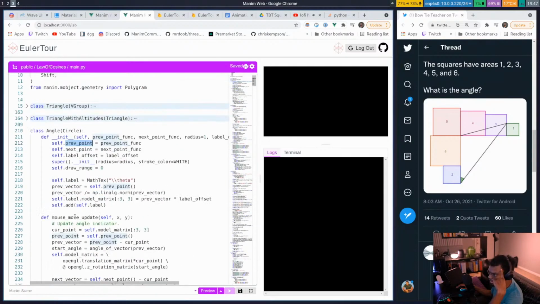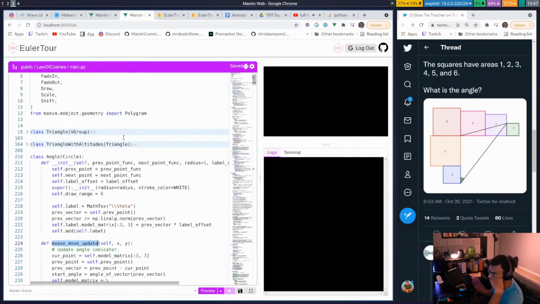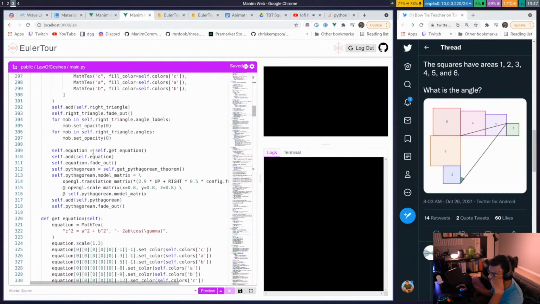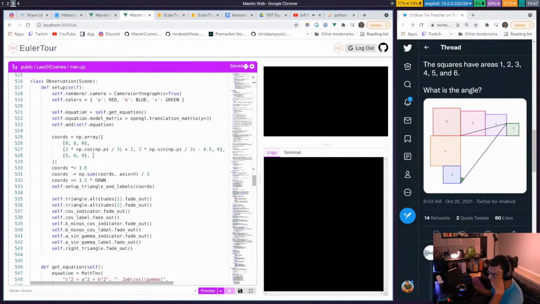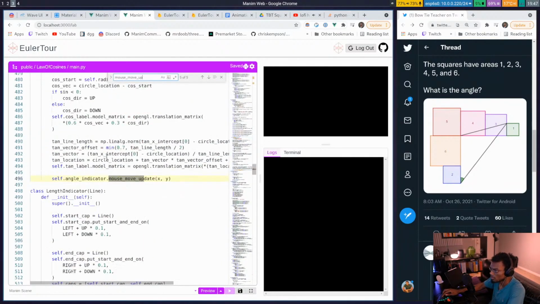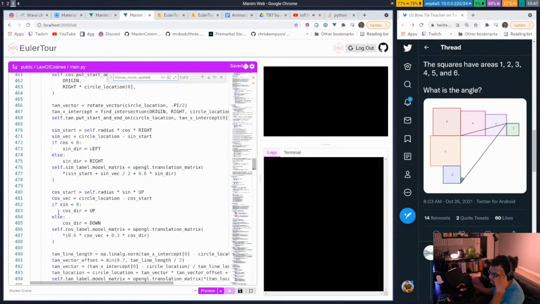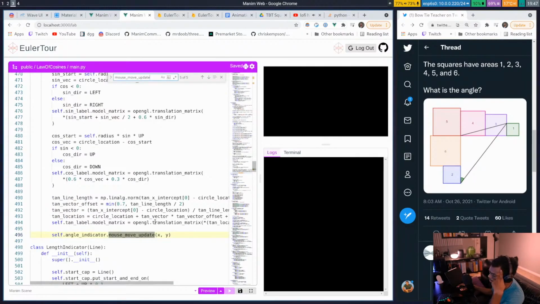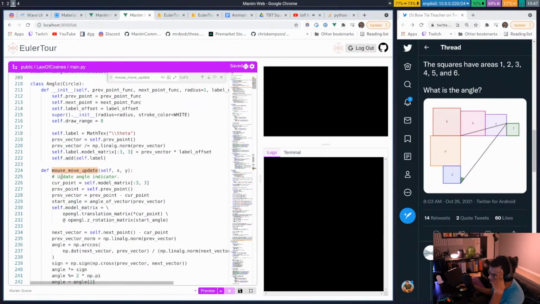Then I guess I could just call this mouse move update within draw or something, probably. On mouse move, I do that. Okay, I don't know if it necessarily makes sense to call it mouse move update.